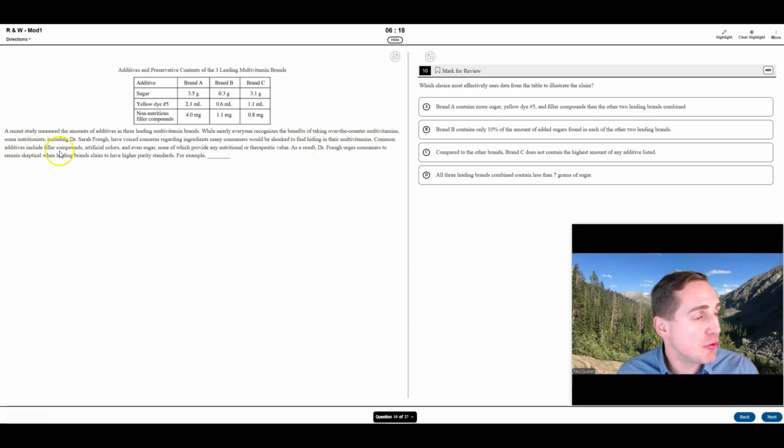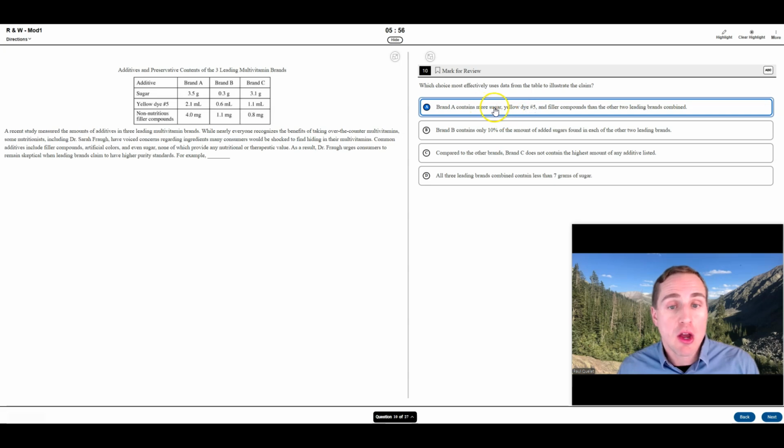Common additives include filler compounds, artificial colors, and even sugar, none of which provide any nutritional or therapeutic value. As a result, Dr. Frog urges consumers to remain skeptical when leading brands claim to have higher purity standards. For example, which choice most directly illustrates this claim?